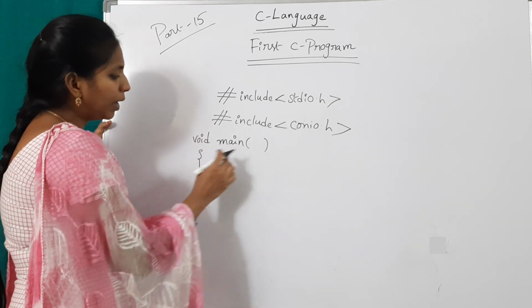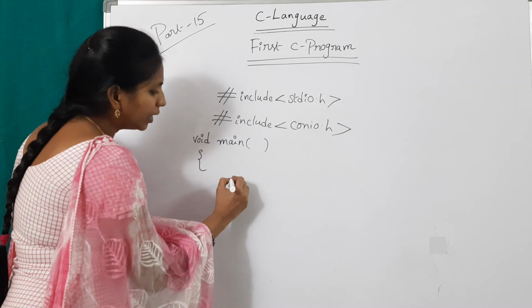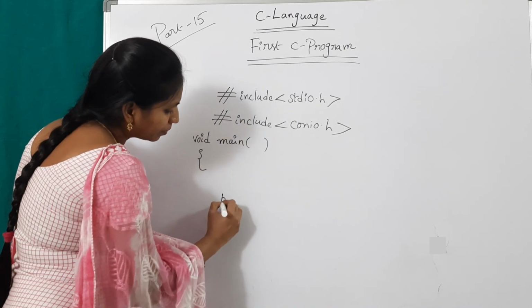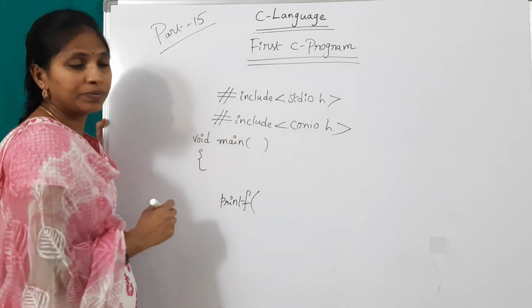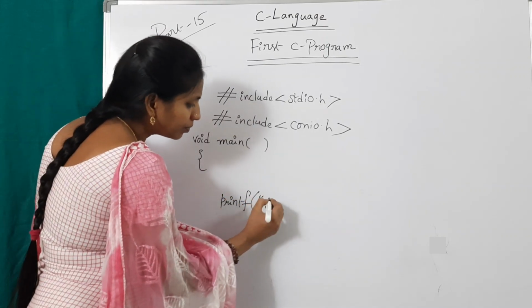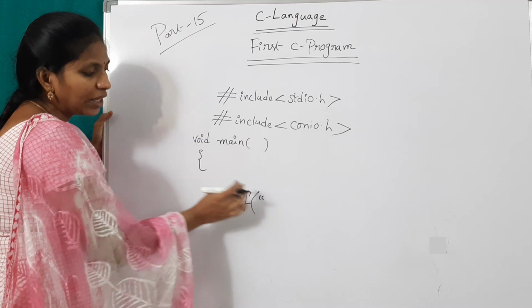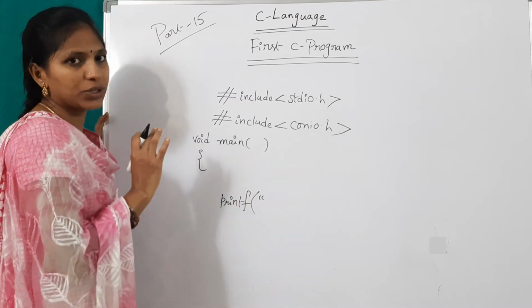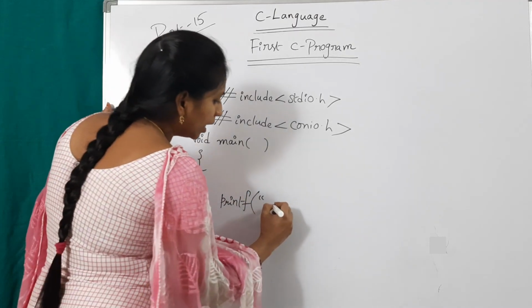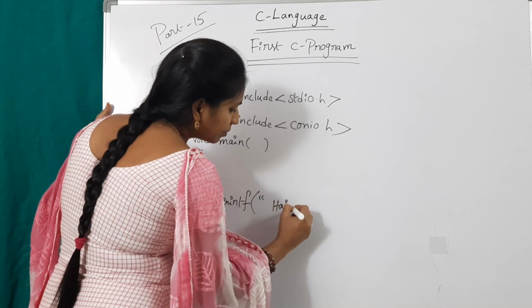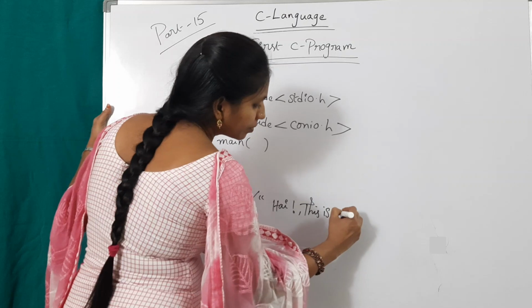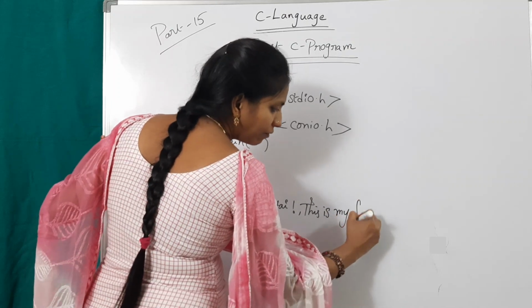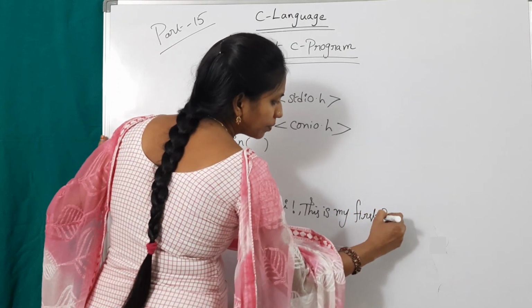Void main, curly bracket, then here printf. I want to use the function printf. Printf, within double quotations, write your text to display. Hi, this is my first program.